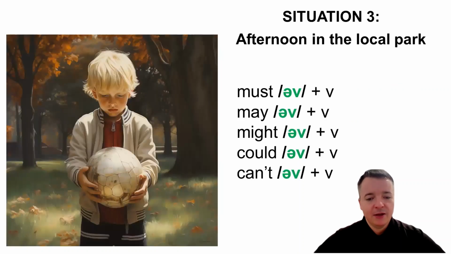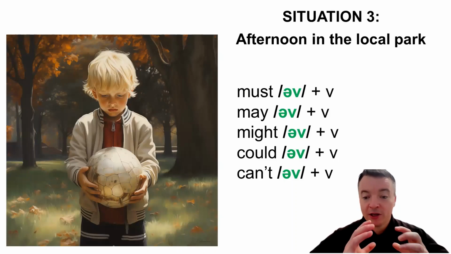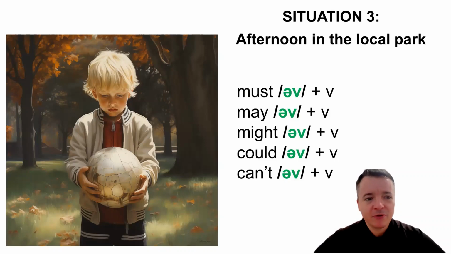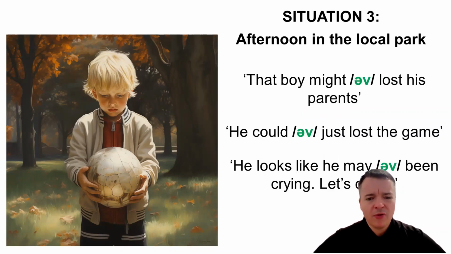Okay, next. It's situation 3. You are in the park. It's an afternoon in your local park. And you see this young boy holding his soccer ball. He looks kind of sad. What happened to him? Any ideas? Okay, here are my ideas. Oh, that boy might have lost his parents.